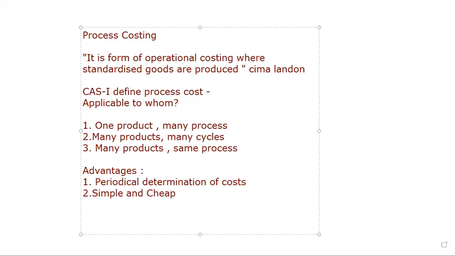It is a very simple, easy, and less expensive method of costing as compared to other methods. There is no need for an elaborate system to identify the direct cost of the job or batch. It is really very simple and less expensive. Simple and cheap. Very good.